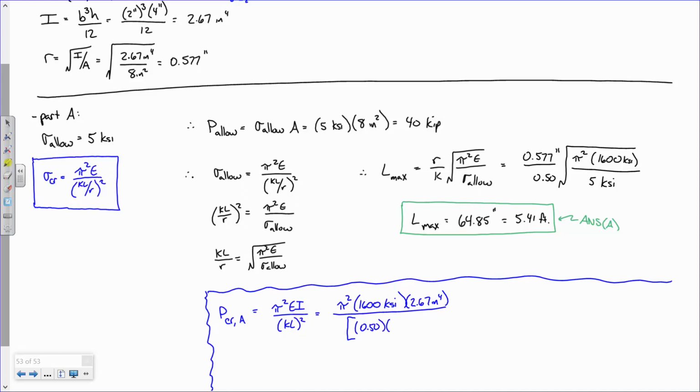Now which value do I use, the 5.41 or the 64.85? There you go, exactly right, everything's in inches. That gives 40.1 kips. That's actually kind of an interesting result.